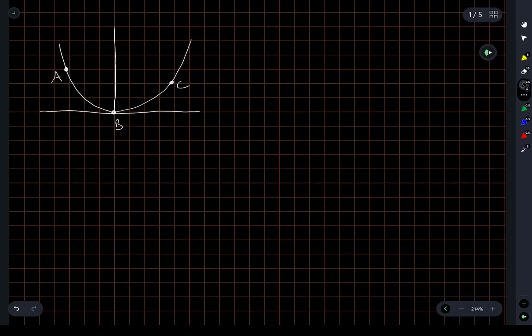And I'm starting to think that the point B doesn't necessarily have to be the one that's a right angle. Maybe it is. Maybe point A or point C is the one that has the right angle.